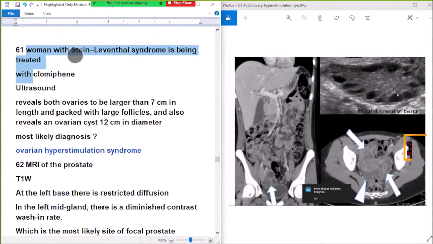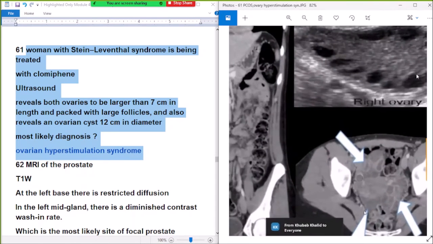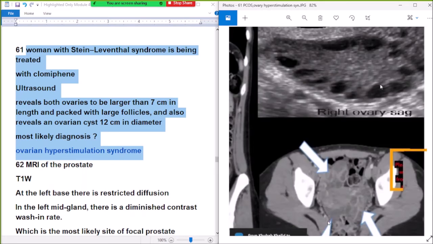Women with polycystic ovarian syndrome who have been treated with clomiphene or gonadotropin have ultrasound showing both ovaries larger than 7 cm in length, packed with large follicles and also ovarian cysts 12 cm in diameter. Most likely diagnosis: ovarian hyperstimulation syndrome. In polycystic ovarian syndrome, maximum ovarian volume is 10 ml and maximum follicle size is 1 cm.